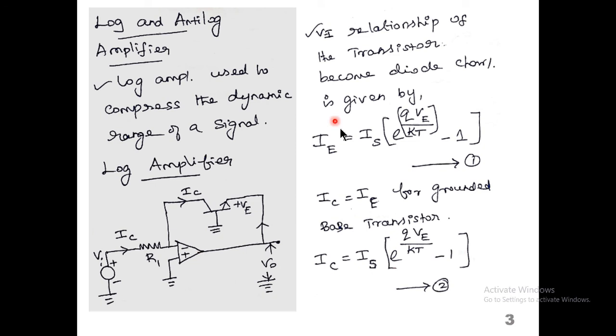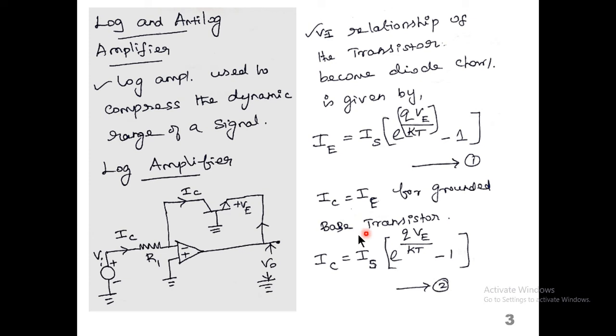Here we know that the VI relationship of the transistor becomes the diode characteristic. It is given by IE, the emitter current, equal to IS times exponential of QVE divided by KT minus 1, equation number 1.